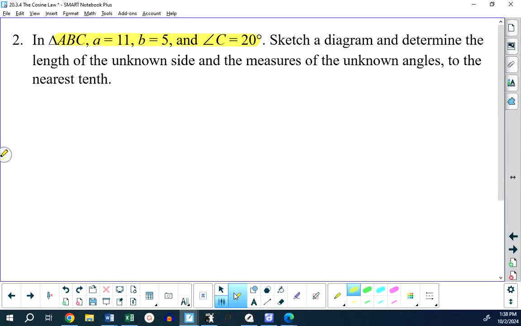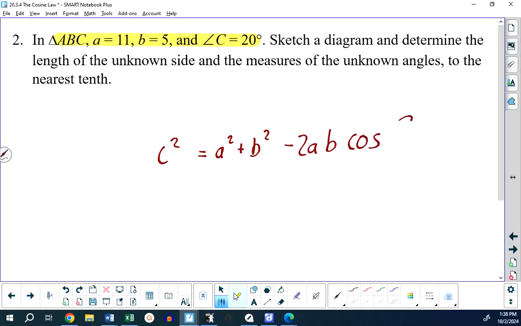But if we wanted to find side C, then you would write this. That's not the formula that's on your formula sheet. The formula on your formula sheet says a squared equals. Well, what if we want to find c? Well, then you'd write c squared equals.